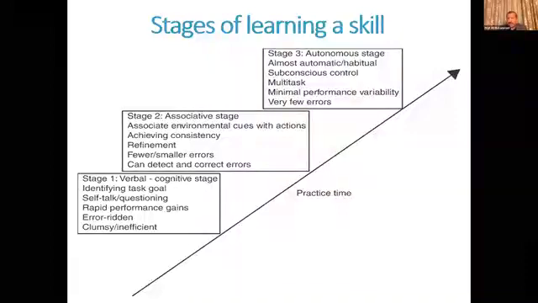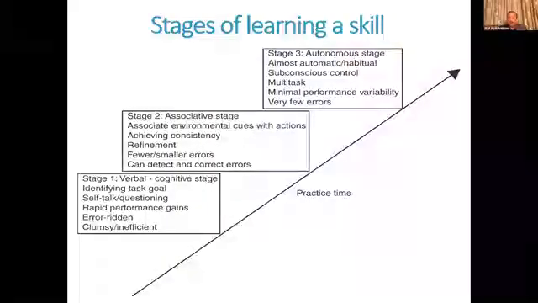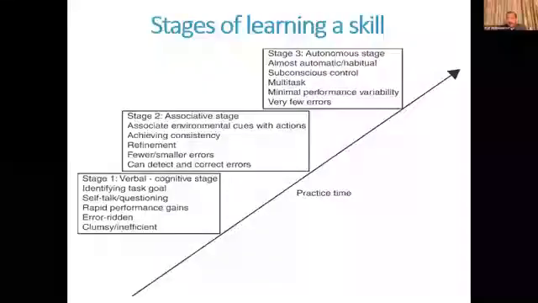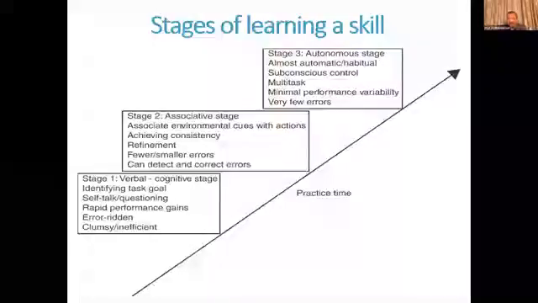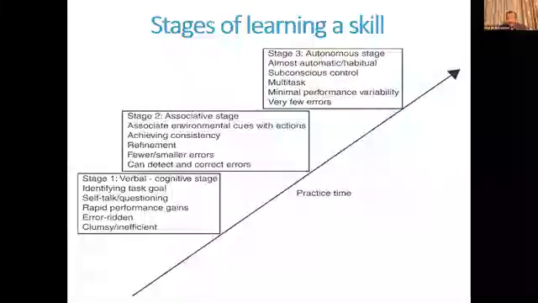We don't need assistance from the seniors, and it comes under subconscious control, and we make fewer and fewer errors. This progress in achieving the dexterity of this skill needs time, and the more complex the skill, the longer the time and the experience that we need to master it.